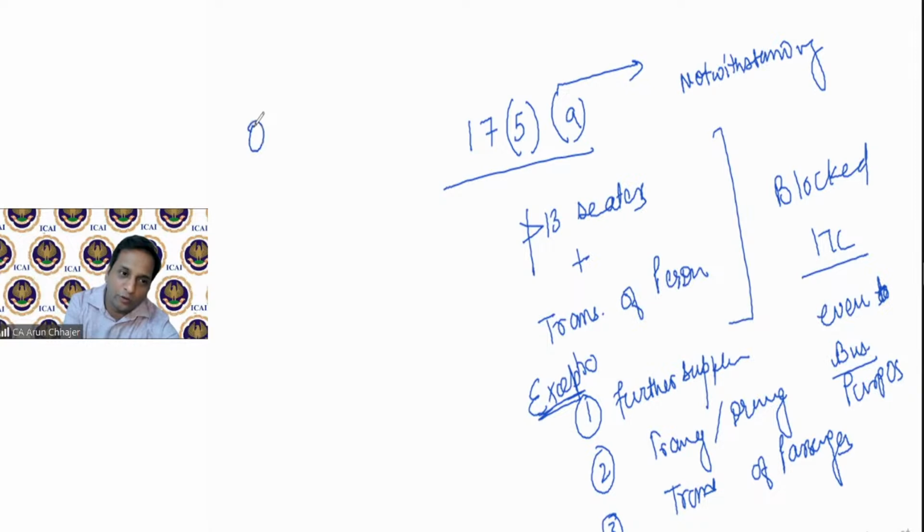Let me ask you one question. Suppose I am Big Basket, and I have purchased a commercial vehicle up to 13-seater for transportation of my goods for delivery. I am purchasing the motor vehicle for transportation of goods to my customer.